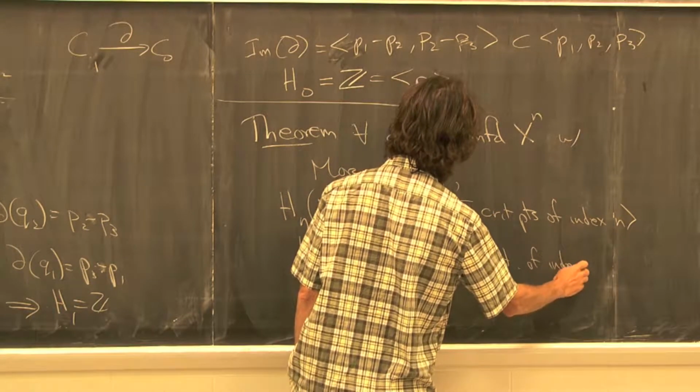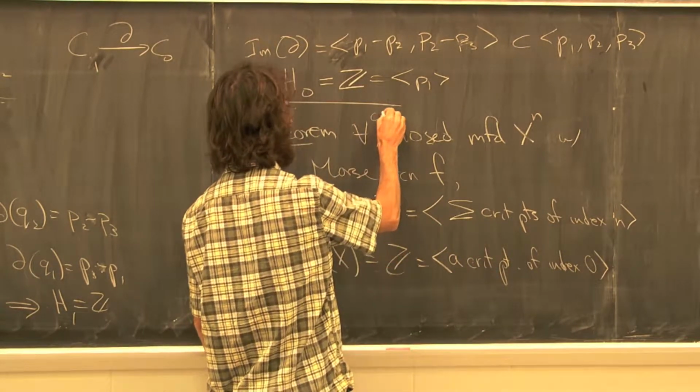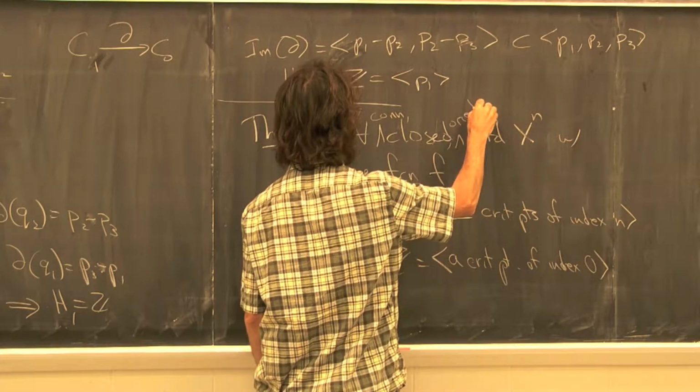Connected or interval? Yeah, connected, closed. Oriented is needed to make this work over Z.